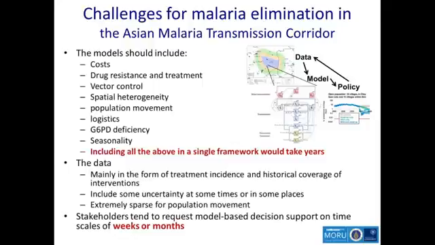Particularly in Asia, spatial heterogeneity is a feature of transmission of malaria. Malaria tends to transmit in transmission foci, where you can have, on average, a very low transmission for the whole country or the whole area, but then you'll have pockets of extremely high transmission.